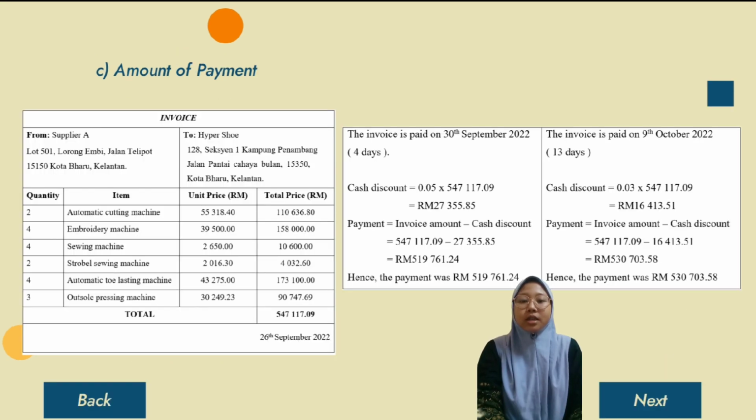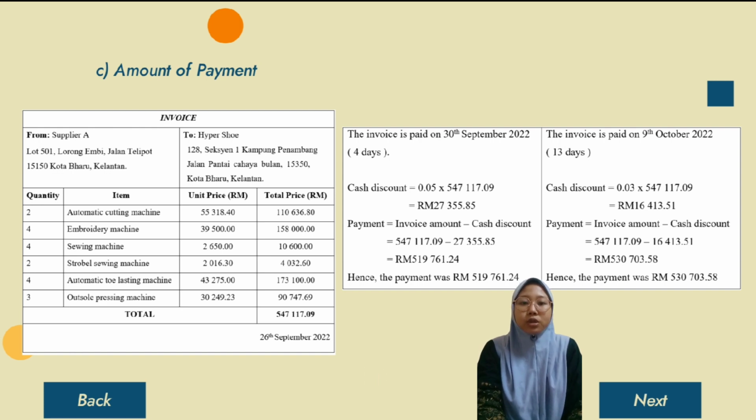The company received an invoice for machinery cost dated 26 September 2022 from supplier A. An invoice dated 26 September 2022 for RM547,117.90 was offered cash discount terms of 5/10, 3/15 and n/30.